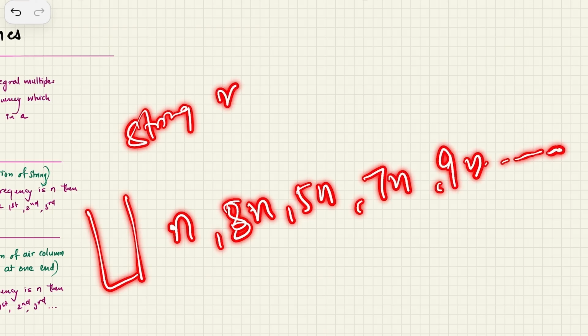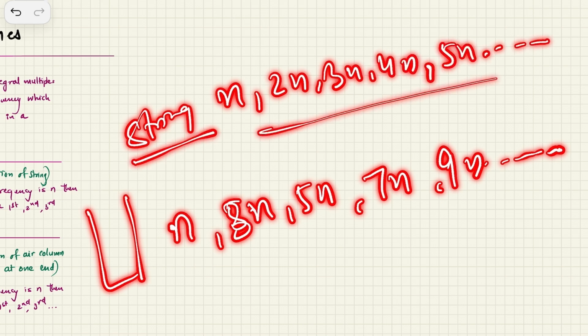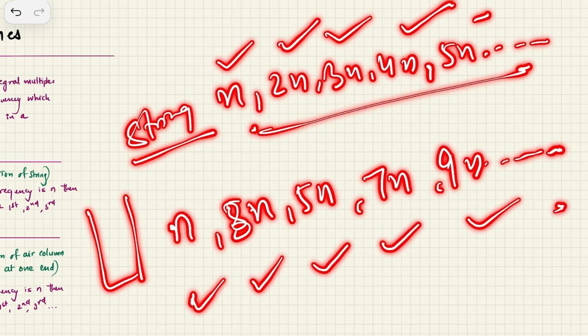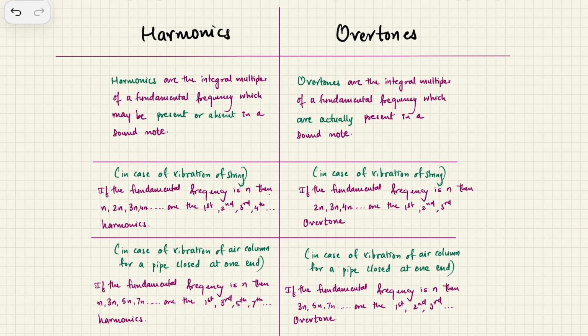For a string you get n, 2n, 3n, 4n, and so on. Just believe this for the moment, and in the coming videos I'll be proving it.